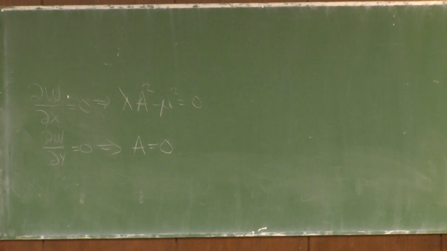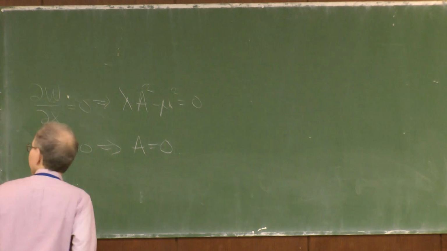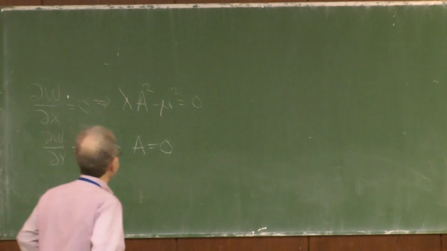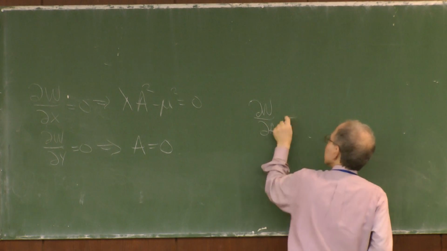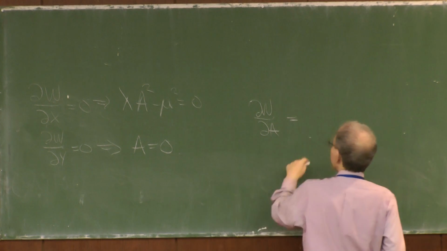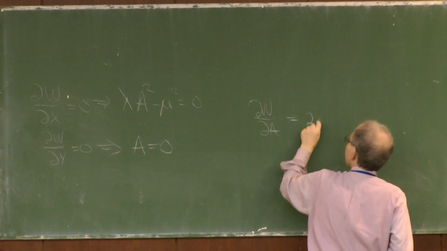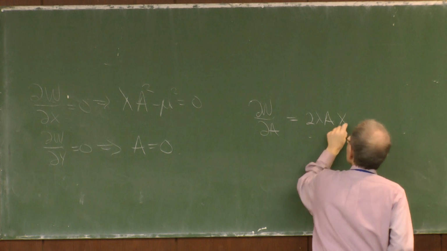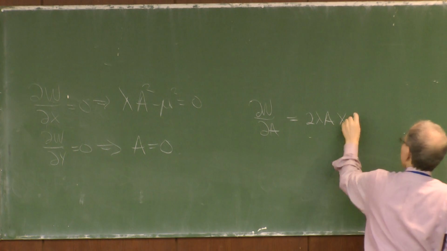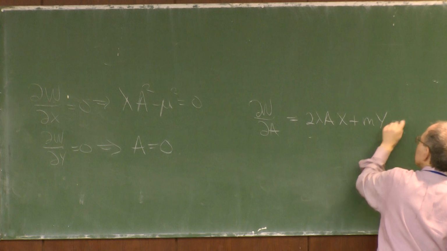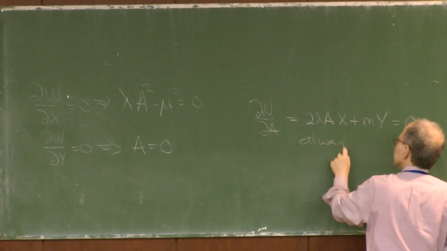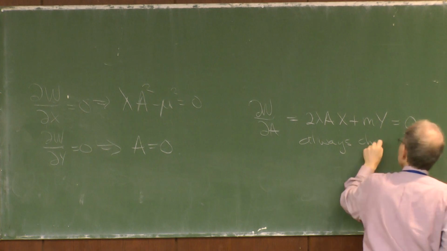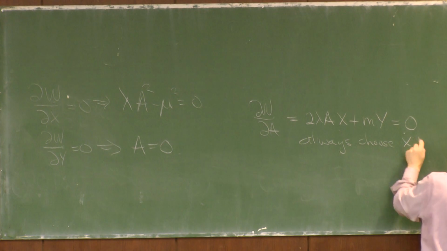To figure out what happens in this theory, what you've got to do is actually write down the potential. First of all, what about dW/dA? The dW/dA is no problem. It says that 2 lambda A X plus m Y equals 0, and I can always just choose X and Y to satisfy this.